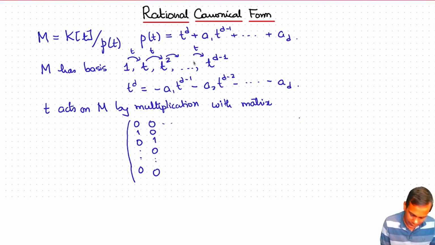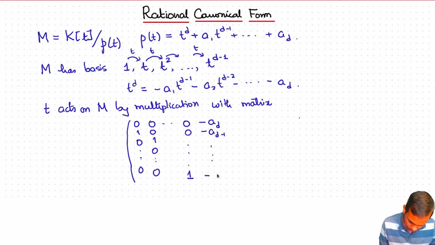And the d minus first basis vector, which is t to the d minus 2, goes to the d-th basis vector, which is t to the power d minus 1. And then t to the power d minus 1 goes to this vector, which I can write as minus ad, minus a(d minus 1), all the way down to minus a1.